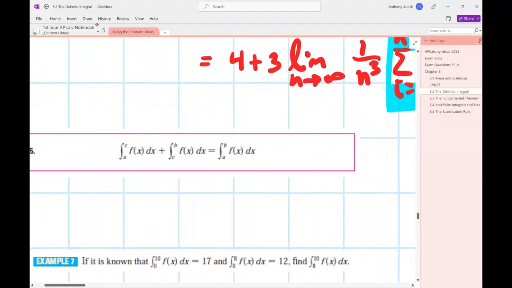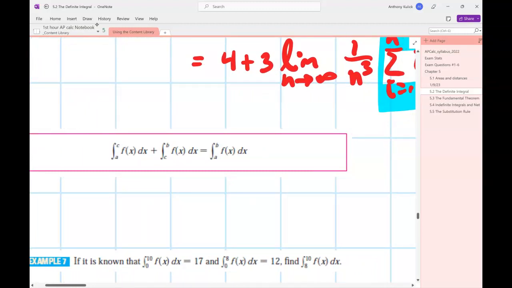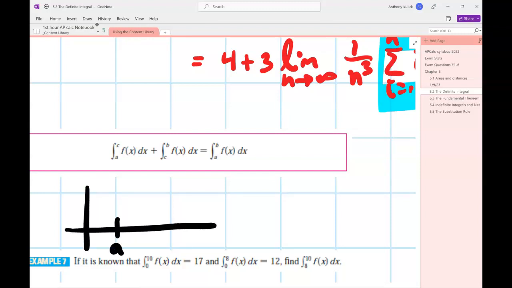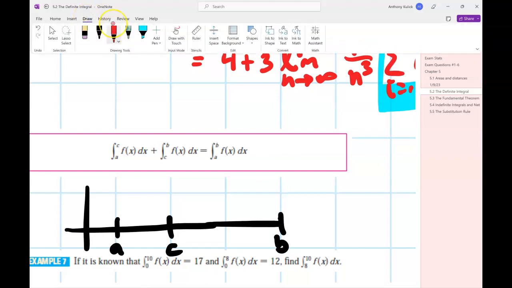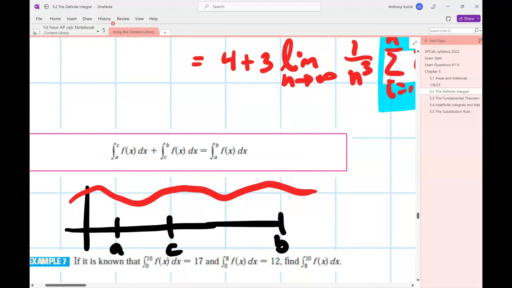Another, again, this is a memorizer, excellent property of definite integrals. If I have the integral of a to c of f of x plus the integral from c to b of f of x, that's the same thing as just the integral from a to b of f of x. So if you think about it, here's my function f of x.